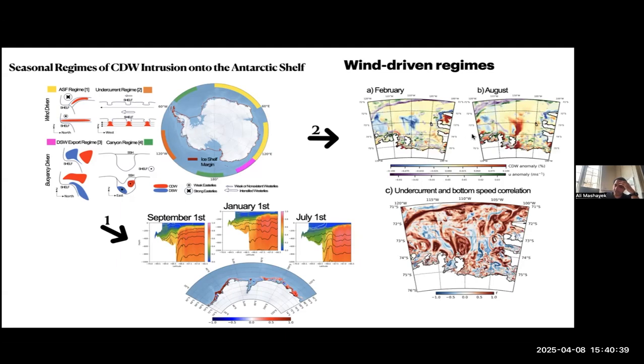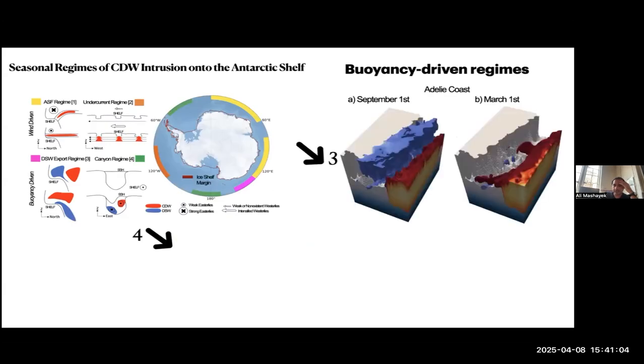This is the Amundsen Sea, and there's an undercurrent from circumpolar deep water, where a westerly wind anomaly helps upwelling of circumpolar deep waters. And then there's the shelf water, and the two of them form an undercurrent. That undercurrent interacting with bottom topography sort of dominates the transport of heat to the ice sheet. So it's more complicated. And there can be other regimes.